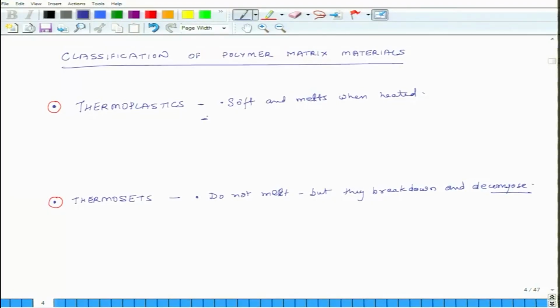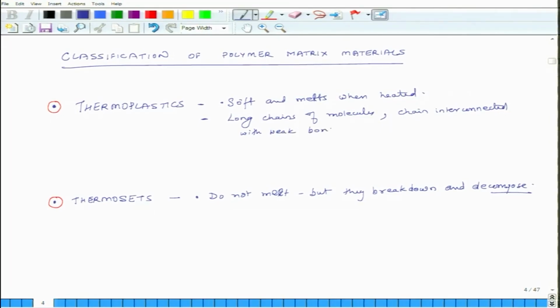Second thing is that the thermoplastics have long chains of molecules, and so it has several long chains of molecules interconnected with weak bonds.